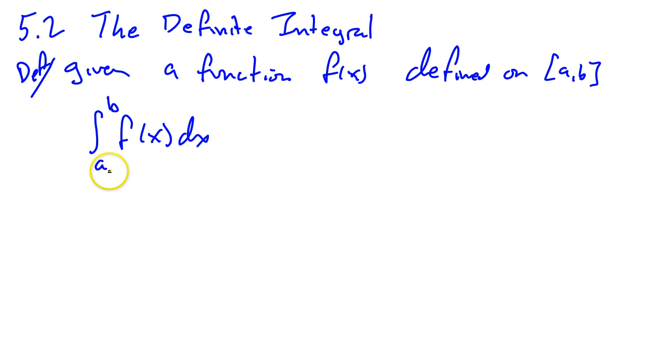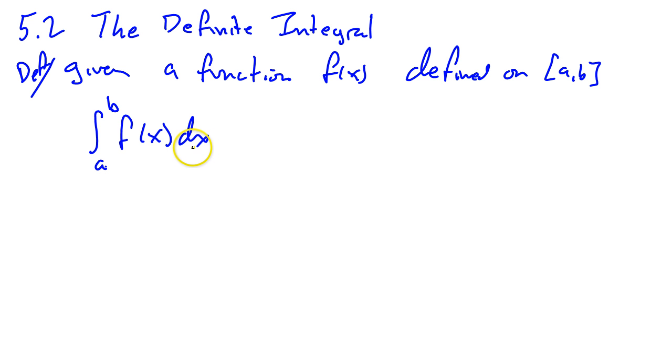That symbol is the integral symbol. Then the starting point, the lower end, and the ending point of your interval, a to b. This is the function that's being integrated, and this is, well, as you'll see as we look at this, the dx essentially is like a little bit of thickness.